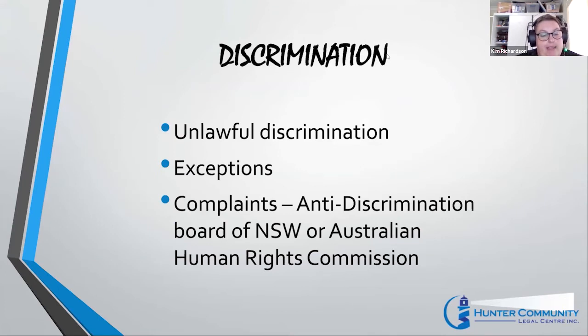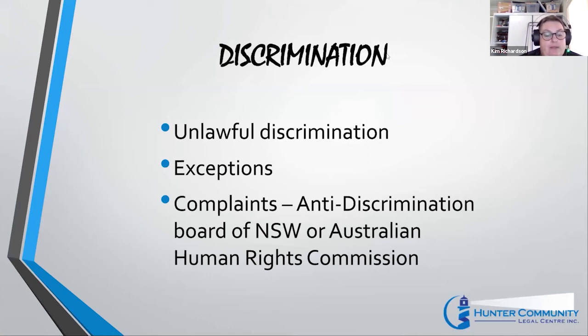Discrimination. Okay. Discrimination essentially means treating someone unfairly because they belong to a particular group of people. Unlawful discrimination can take many forms, including harassing or treating people unfairly on the basis of their race, sex, gender identity, sexuality, disability, marital status, or age.